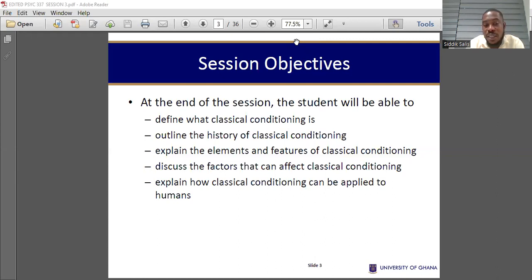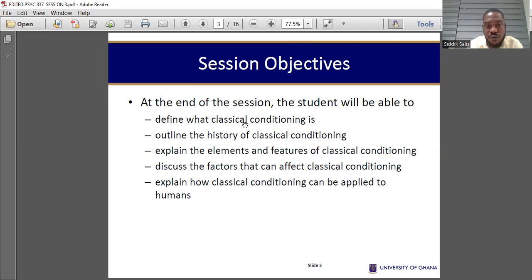We'll also discuss some factors that can affect classical conditioning, and then how classical conditioning can be applied to humans. Then we come to the application. So let's get started. I'll just look here and summarize some of these things.